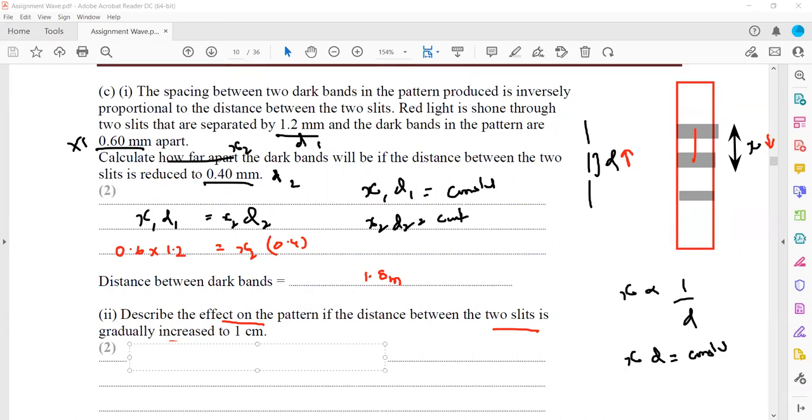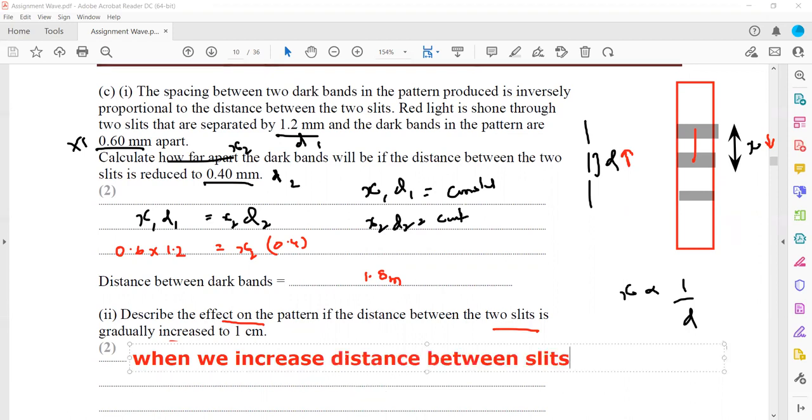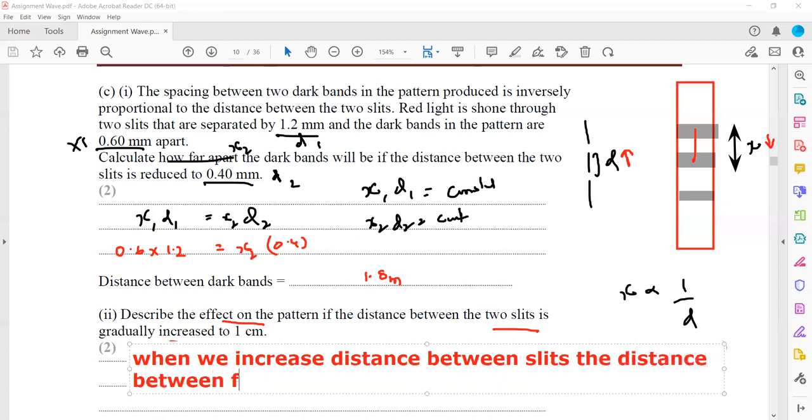As we are increasing the distance between the slits, the distance between the fringes, or between the lines on the screen, will decrease.